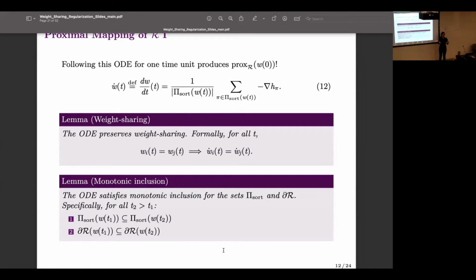The rest of the weights are going to be the same. So the sorted system at time T1 is a subset of the sorted system at time T2. And the subdifferential is included in the subdifferential of the next time steps as well.